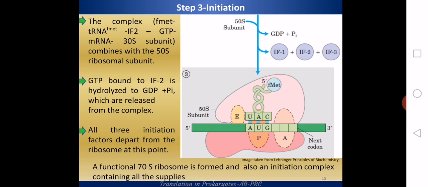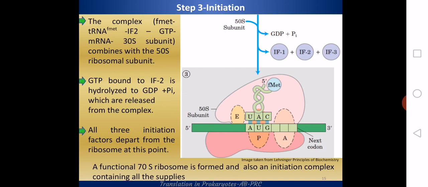Binding of the 50S subunit will cause some conformational change, and this conformational change causes the hydrolysis of GTP bound to the IF2 and the tRNA, and there will be release of GDP and pyrophosphates, right? And not only the GDP will be released, but also the other initiation factors.